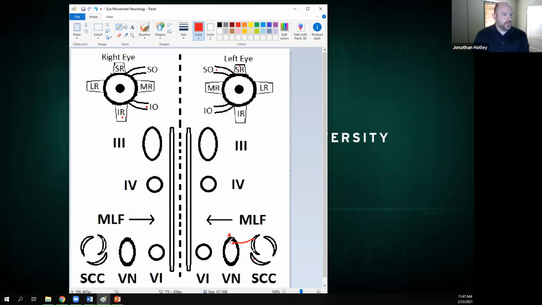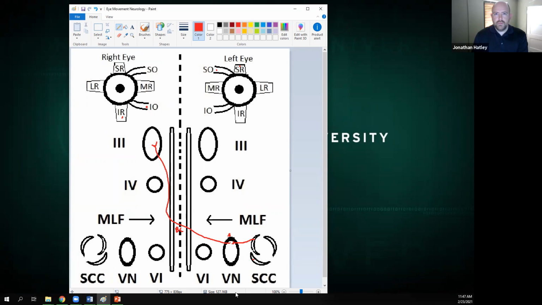The next part of the chain is to send a neuron out. As you know, this signal is going to decussate and cross over, and it's going to send on up to the cranial nerve 3 nucleus, or the oculomotor nucleus, on the contralateral side. The decussation point right here where it crosses over is the brachium conjunctivum.